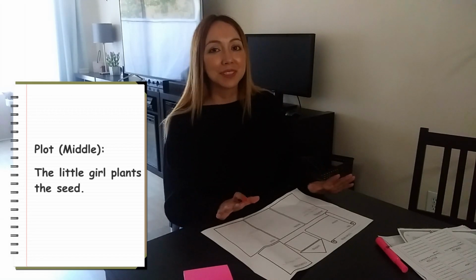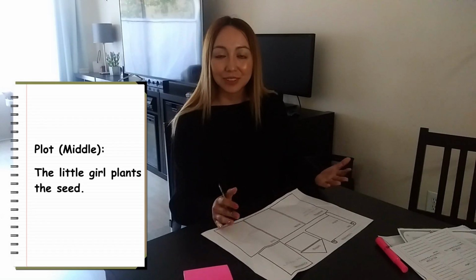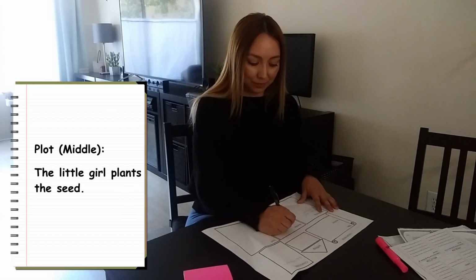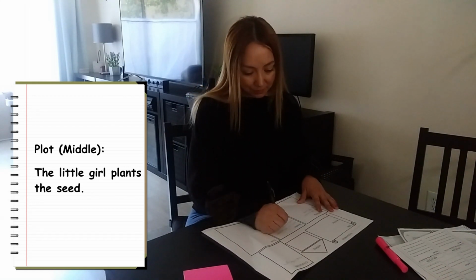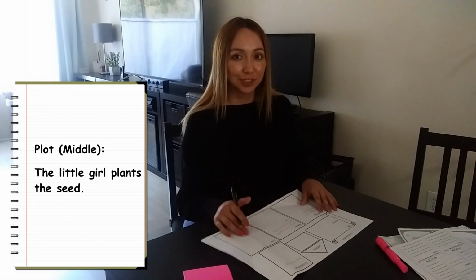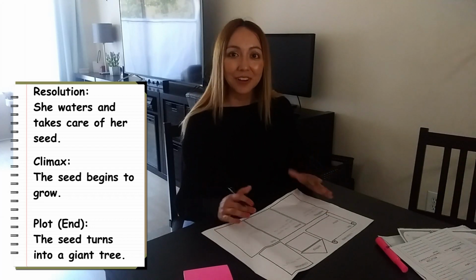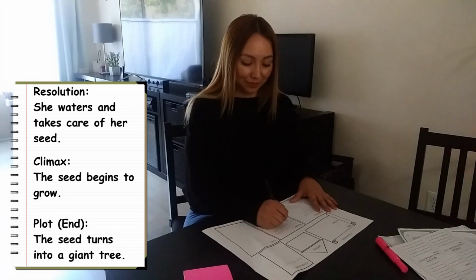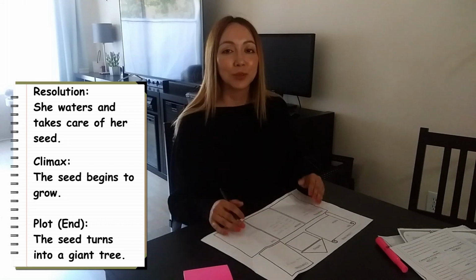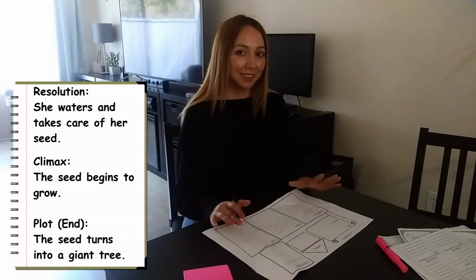So then what happens in the middle of the story? She plants the seed, right? After she plants the seed, what else does she do? She waters it and takes care of it, right? So what happens at the end of the story? What happens to that seed?